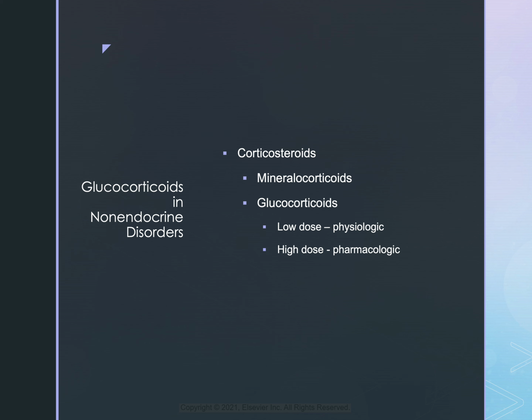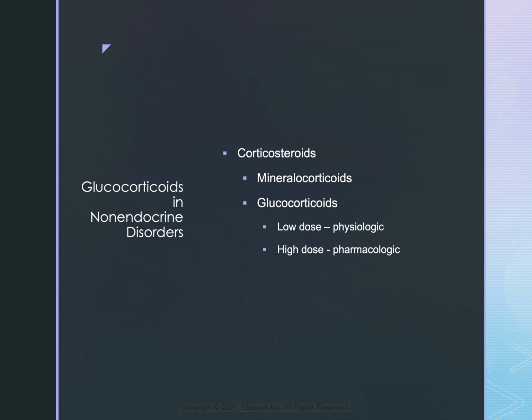Now, glucocorticoids themselves are devoid of toxicity when we're using them in physiologic doses. Remember, these are the lower doses. However, if we're using high doses and we're using them for extended periods of time, there are a variety of serious adverse effects. So, in this lecture we're going to be discussing what those adverse effects are as well.